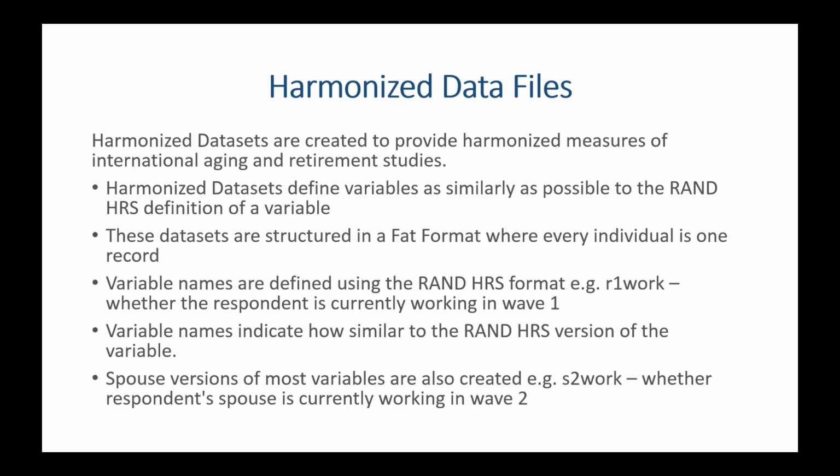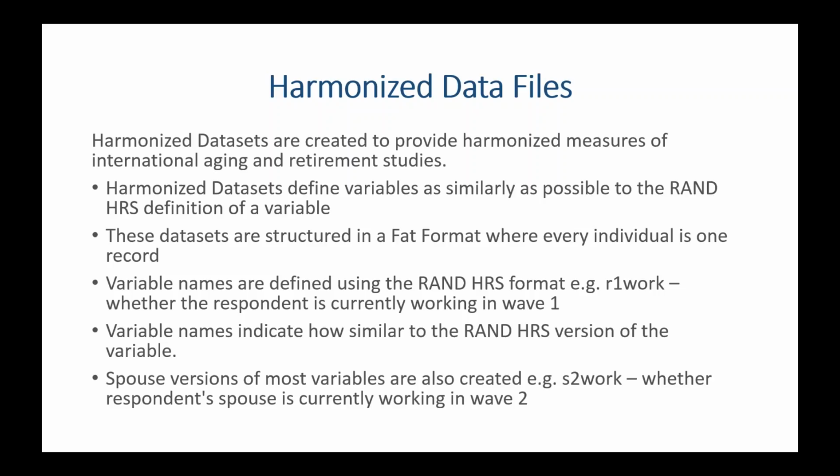So in each data set, every record is going to be an individual. It uses really simple variable names, which indicate more information about the variable. So a variable like R1WORK is whether the respondent, that's the R, is currently working in wave 1.